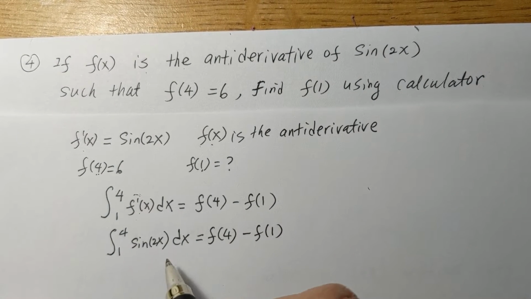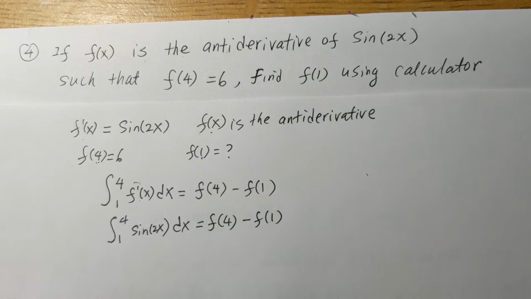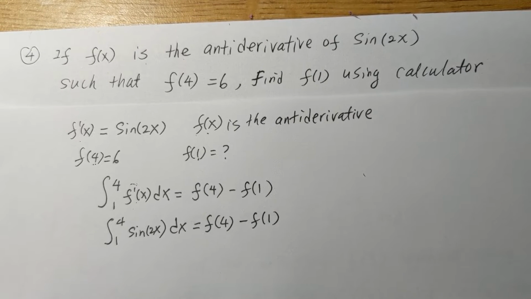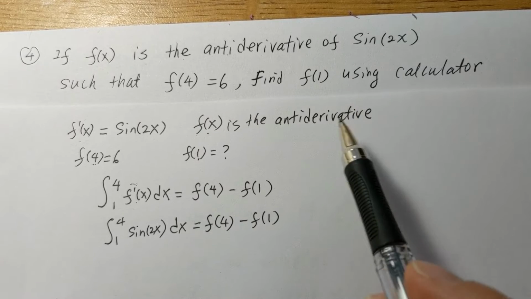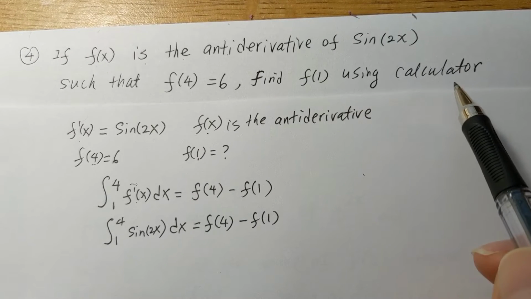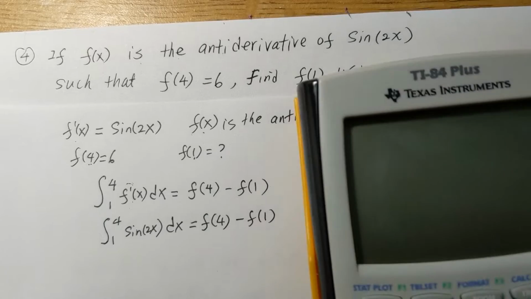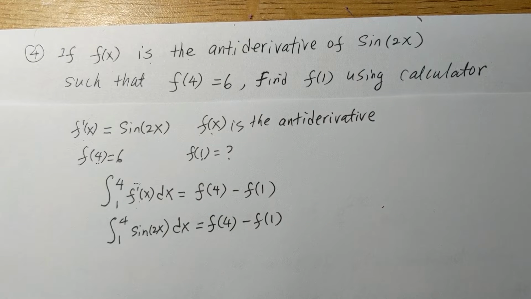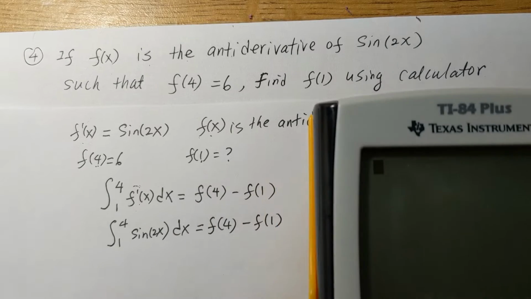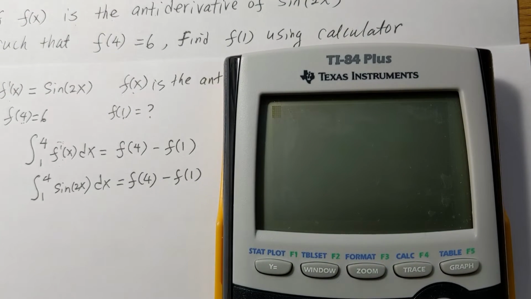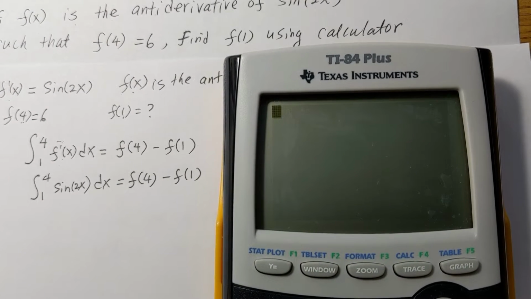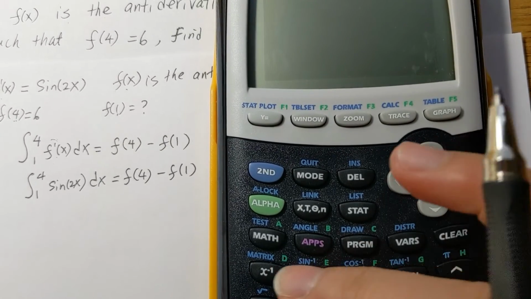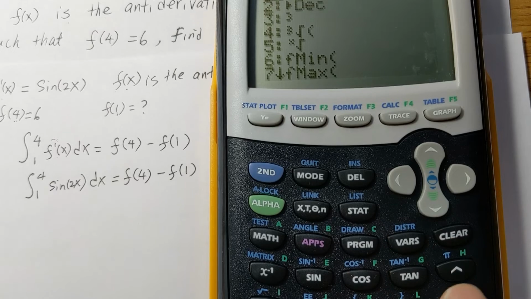This part definitely represents the area underneath the curve, but we are not going to calculate the area underneath the curve because the graph is not given and the question asks us to use a calculator. So we're going to take our graphing calculator and press math.